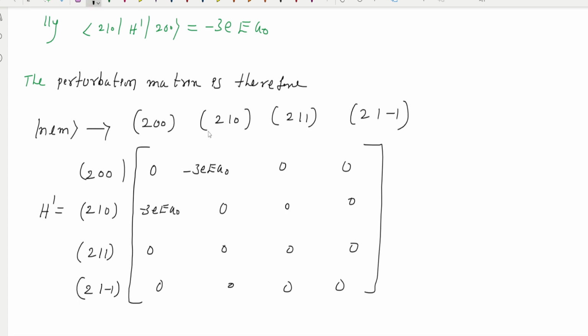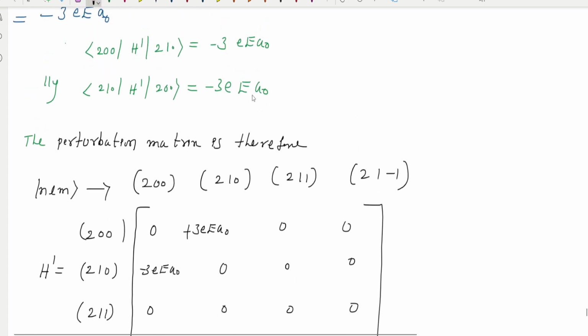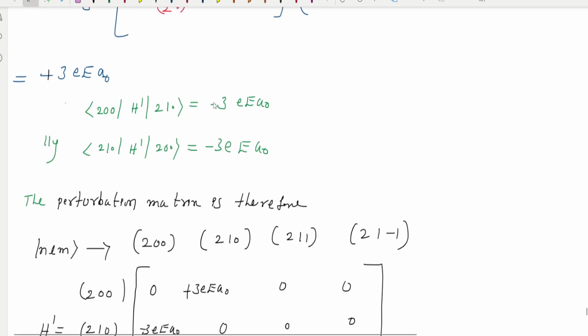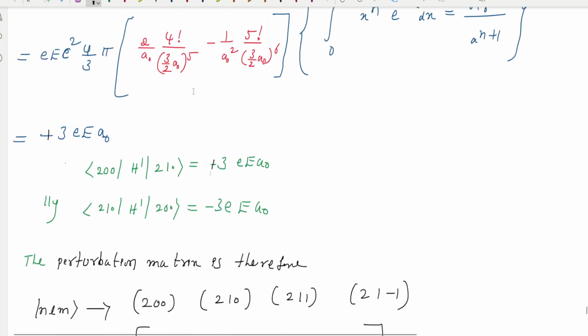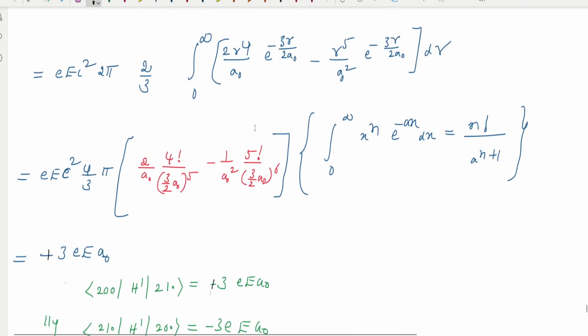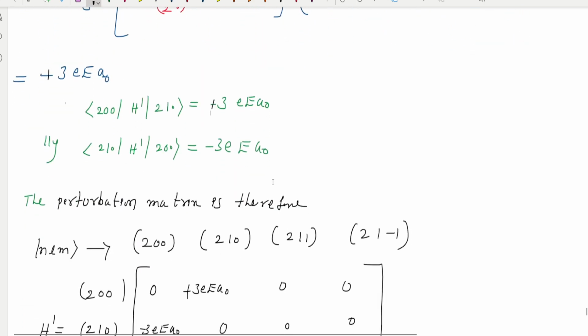So here one is plus, one is minus. Check this one. Simplify this one. One is minus, you will get one, another one is plus. Okay, no problem.